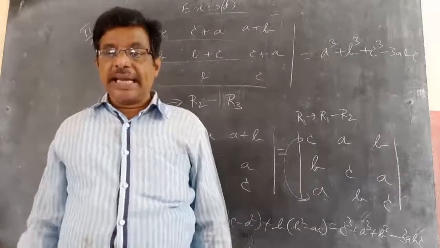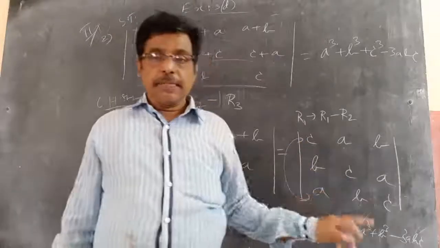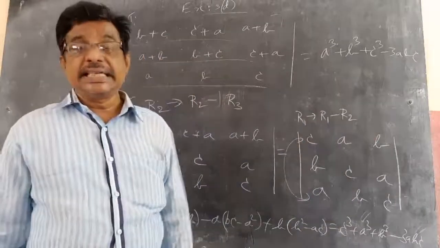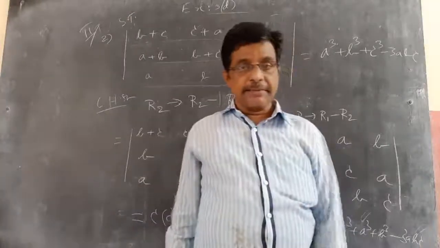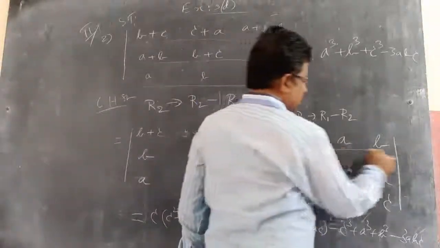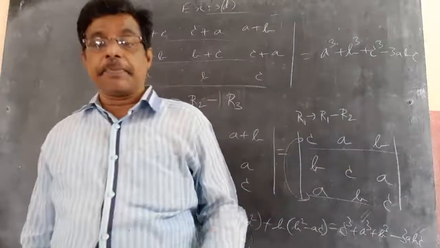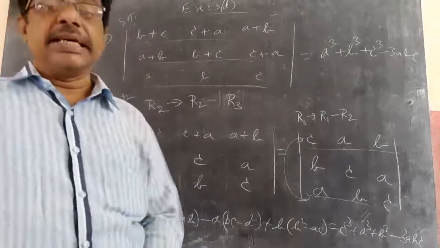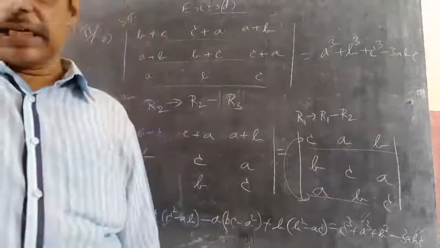It gave minus of A cube plus B cube plus C cube minus 3ABC. If two rows are interchanged, the sign changes, so minus of minus is plus. Both determinants are the same, just two rows interchanged. This is how we apply the properties to the 7 marker sums, instead of doing the lengthy process.